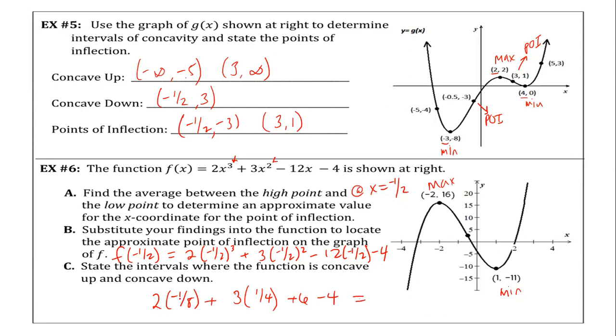So we have 2 times negative 1/8. The 2 only applies to the 1, so it becomes negative 2/8, which is what? 1/4.